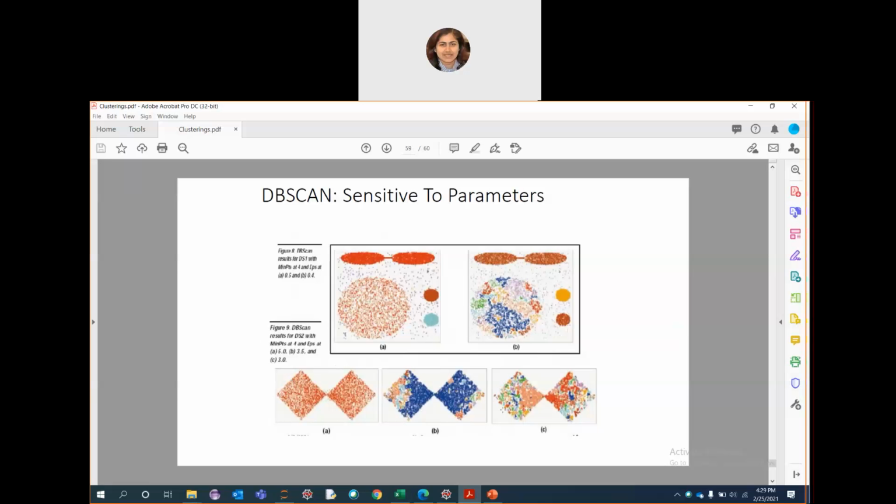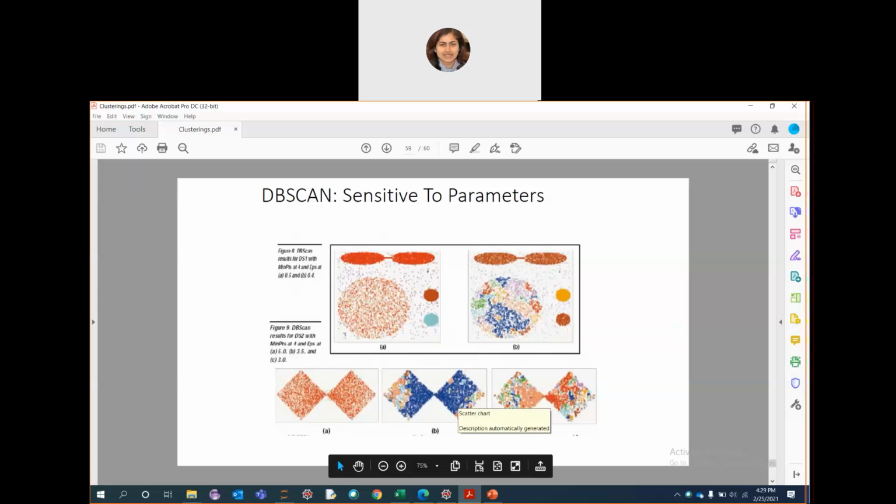So if you have a dataset, the epsilon and min points need to be chosen carefully. What is the effective or easy way to find them? There has been some research going on, and there is one approach that I'm going to show you in the next slide.